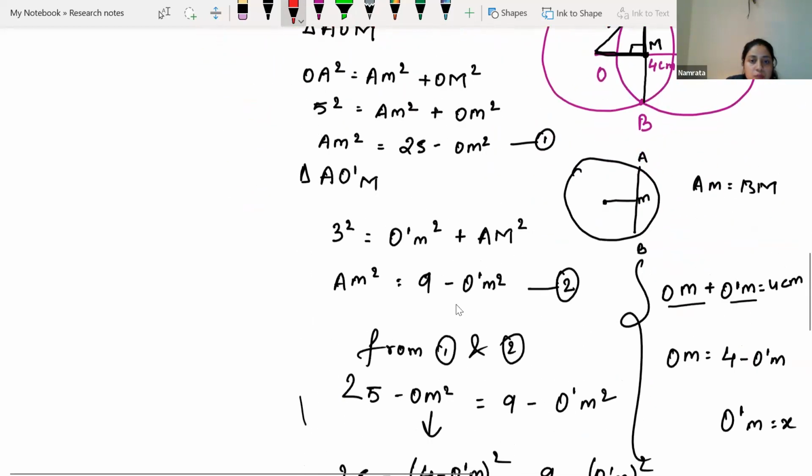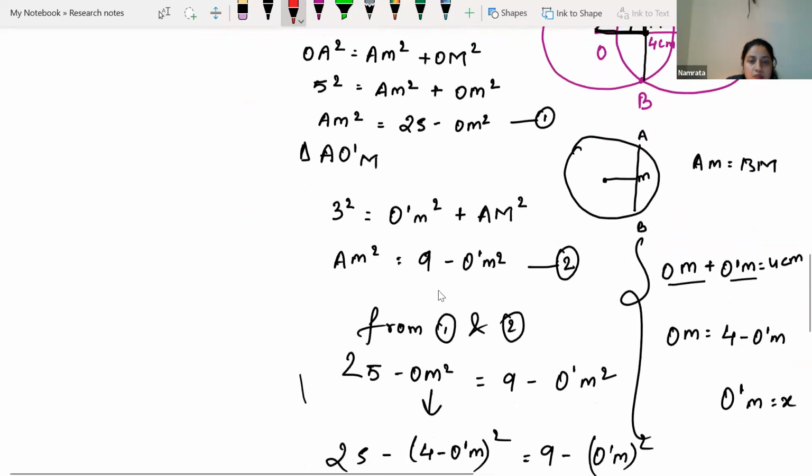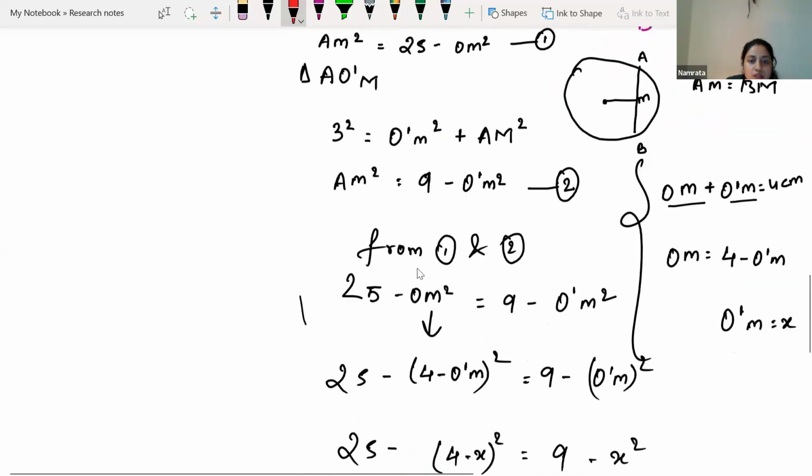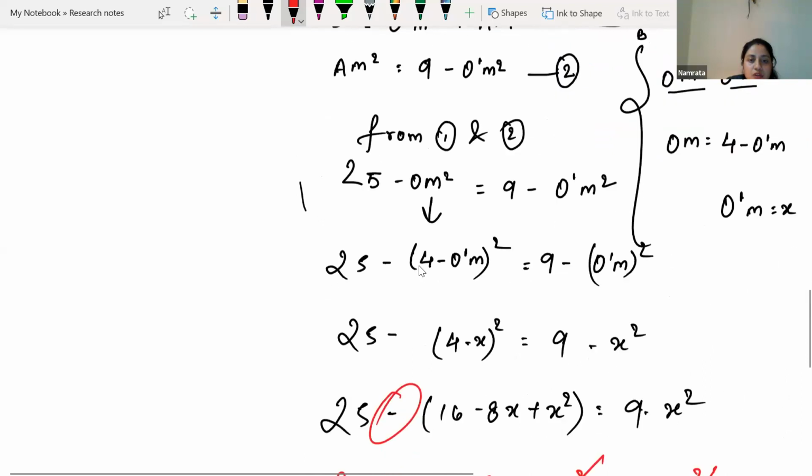25 minus OM square, 9 minus O dash M square. We have compared 25 minus OM square over here, 9 minus O dash M square over here.